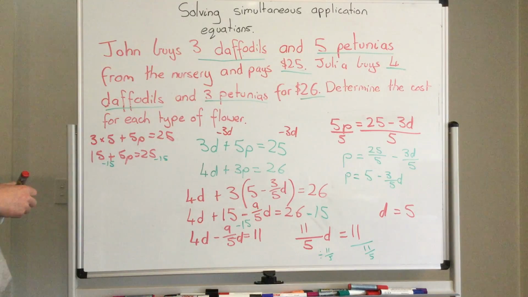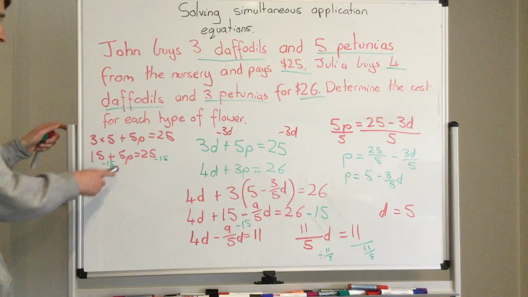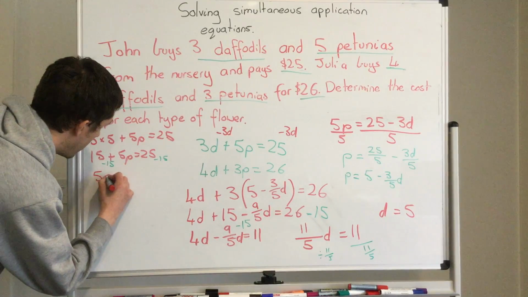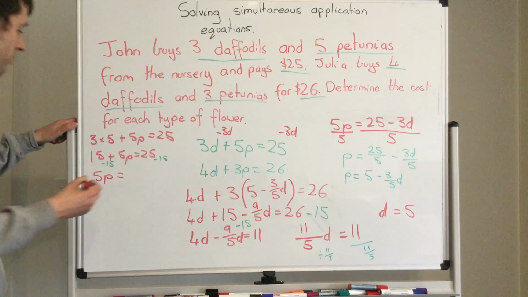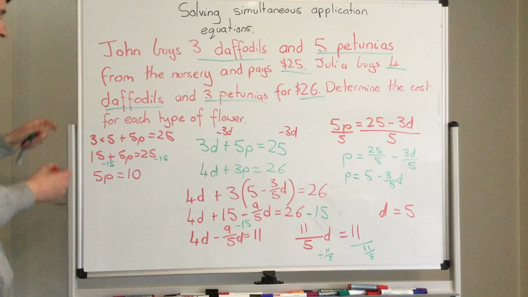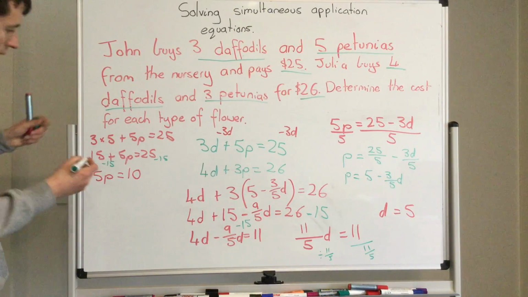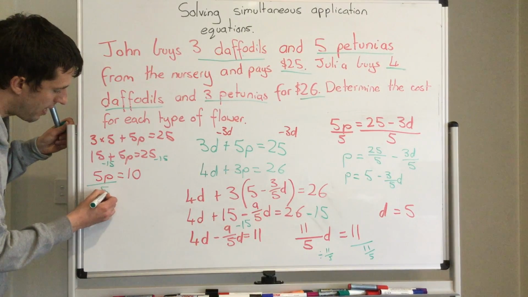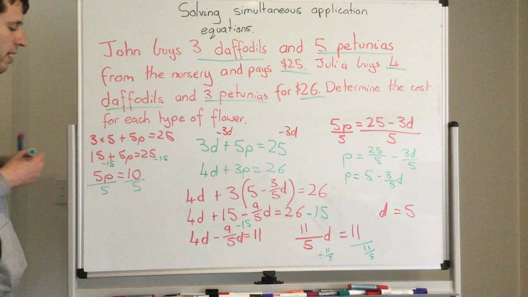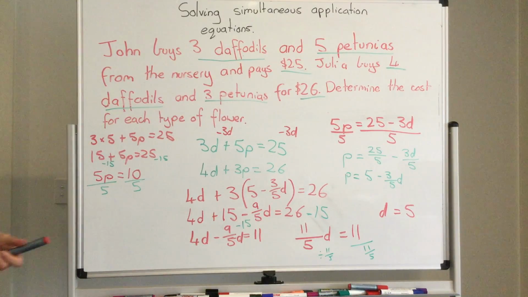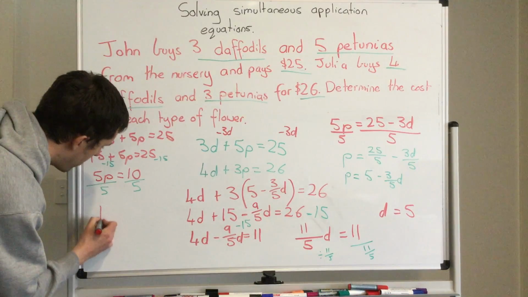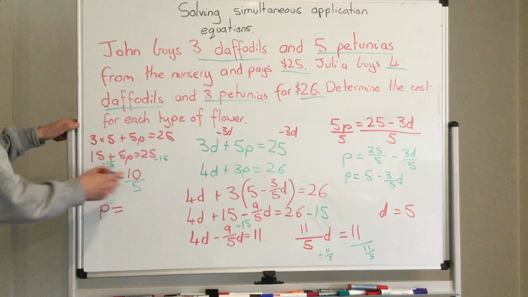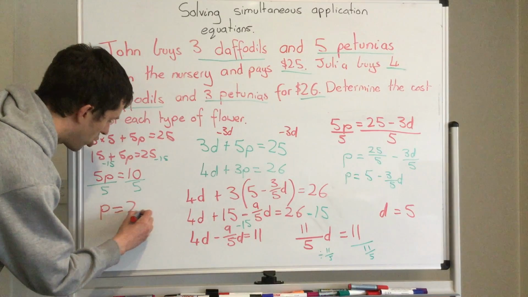So 15 take 15 is 0, and I'm left with 5P equals 25 take 15, which is 10. To get P by itself, I need to divide this side by 5, so I divide this side by 5. 5 divided by 5 equals 1, so I've got P equals 10 divided by 5 equals 2.